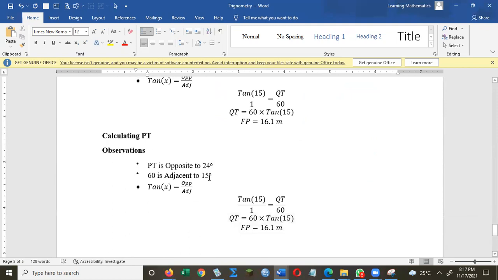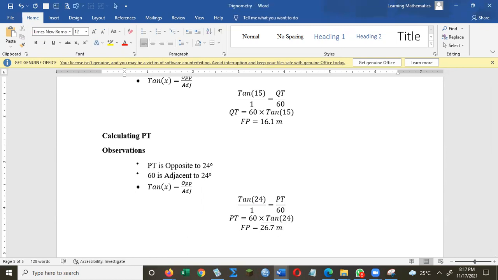Tan again. So tan of 24 is equal to PT over 60. PT times 1 is PT. 60 times tan of 24 is how much? So you're going to say 26.7.